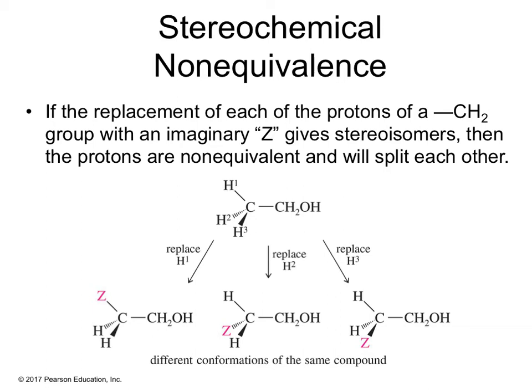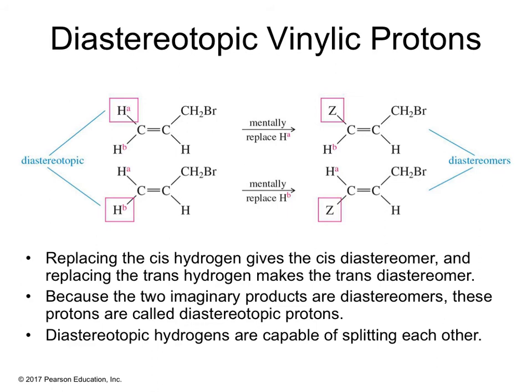Non-equivalence. You'll probably run into that in 1 or 2 examples, and that's if you have a stereoisomer, stereochemical, diastereotopic proton. It sees a different environment and different conformations of the compound, and you'll see that sometimes you get an extra splitting.